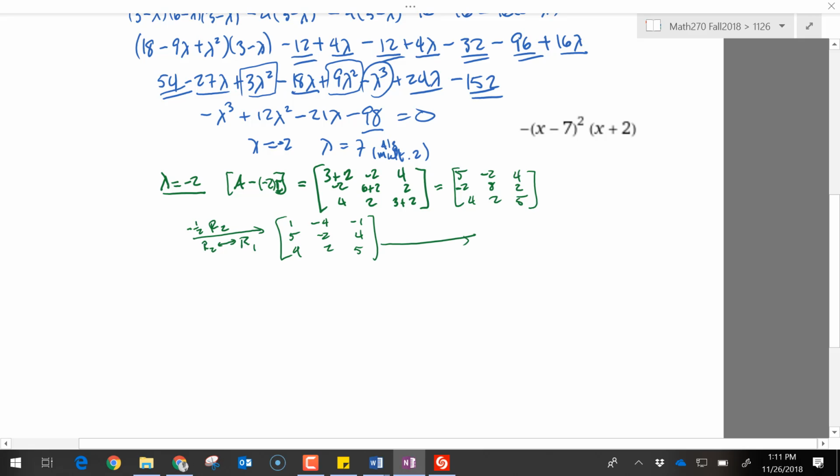And then this way I can multiply row 1 by 2, add it to row 2, and multiply by -4, add to row 3. So that'll give me zeros for the rest of my first column.